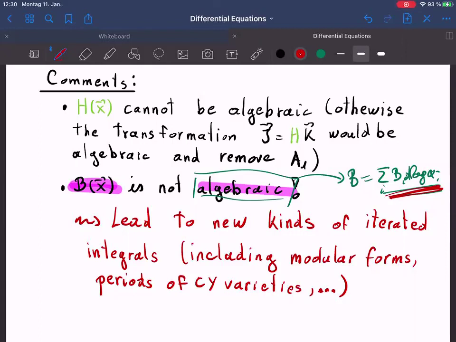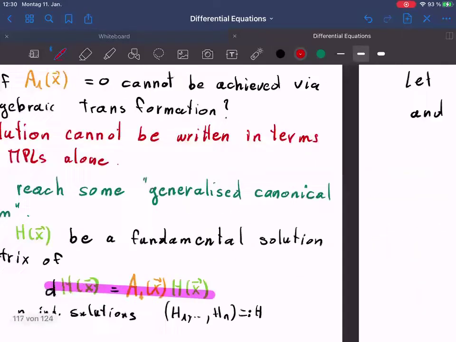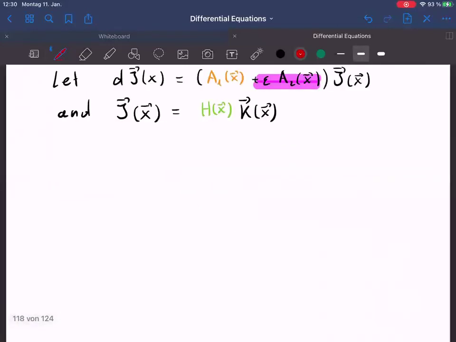I should, however, mention that there are numerical methods to solve these differential equations, in particular differential equations of this type here. You can solve this numerically, in which case, of course, you don't care what kind of functions.